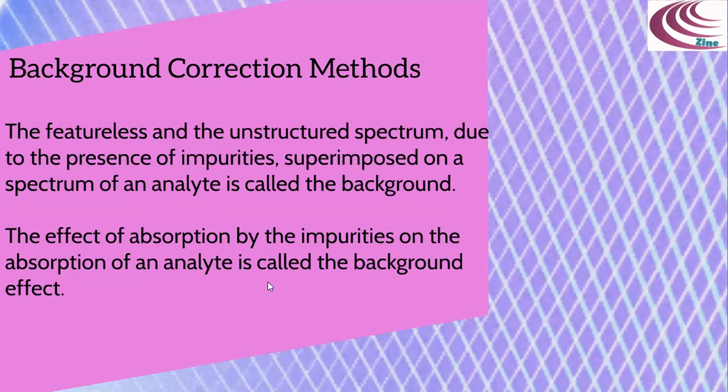Hence, the measurement of the absorbance of the component of interest cannot be carried out directly. So under this situation, the spectrum of an analyte is readily recognizable in the spectrum of the sample, but it is more or less distorted.